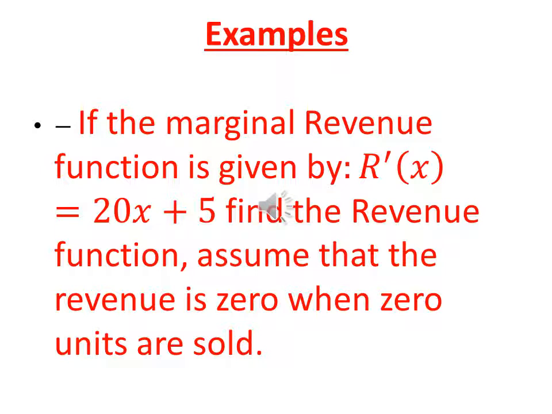So the revenue function is r of x equals 20x power 2 over 2 plus 5x. This is the example. So given marginal revenue, which is r dash, we get the revenue r, and here the constant of integration is 0, because we say that revenue is 0 when 0 units are sold.